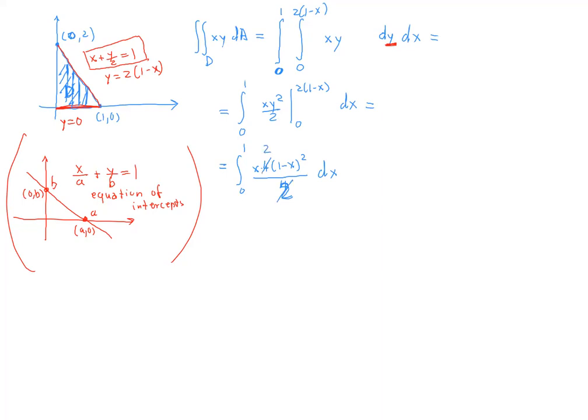You can hand this integral to any friend of yours that has taken Calc 1 or Calc 2, depending on when you do such simple integrals. So 0 to 1, and you have 2x times 1 minus 2x plus x squared. That's the square of this. And this will give you the integral from 0 to 1 of 2x minus 4x squared plus 2x cubed.